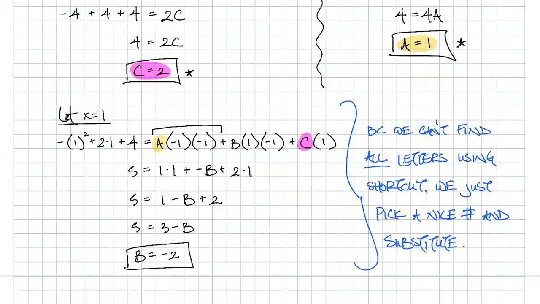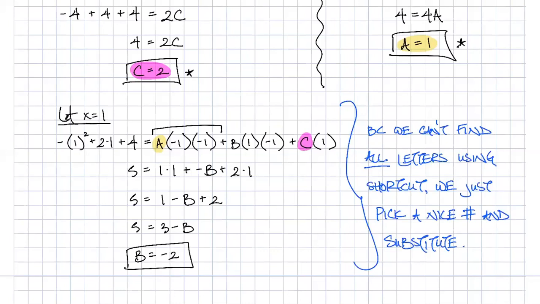Okay, so that's the part where if you have a repeated factor, because the shortcut breaks down, we have to sort of be a little bit more creative and use nice numbers along with numbers we already found to find the last variable.